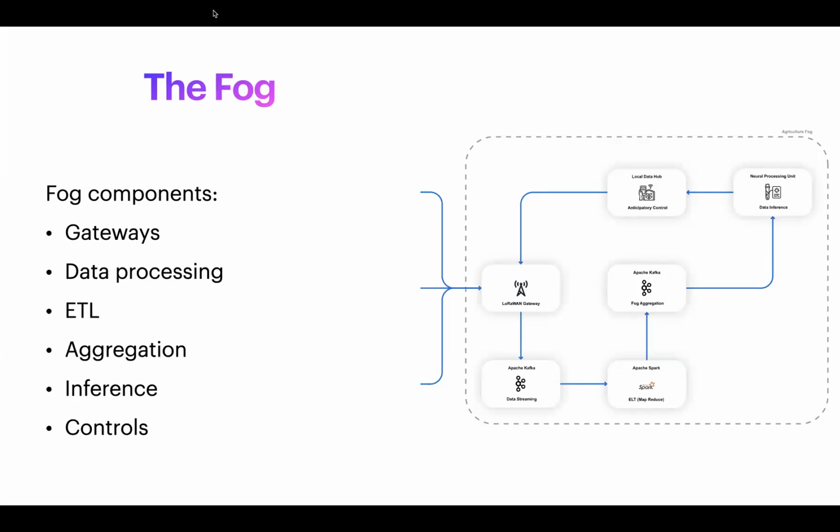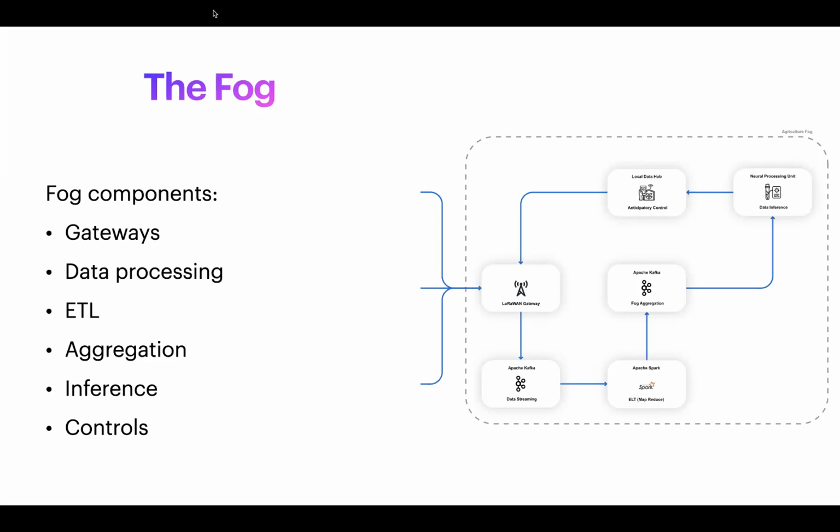We had ETL for data transformations locally, so we didn't send superfluous data up. And then we had machine learning inference locally, so we could figure out how to operate the machinery, but also how to advise the producers on the ground what to do in case we were predicting bad weather effects or significant market changes.